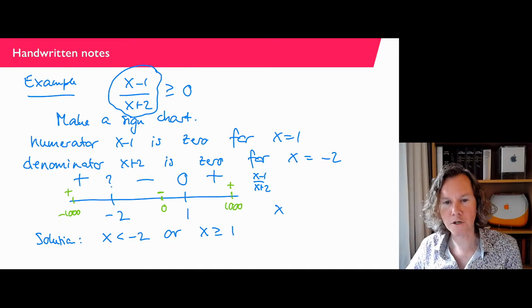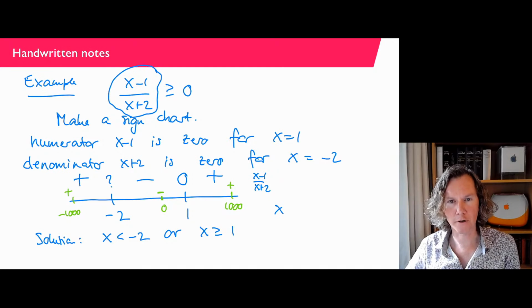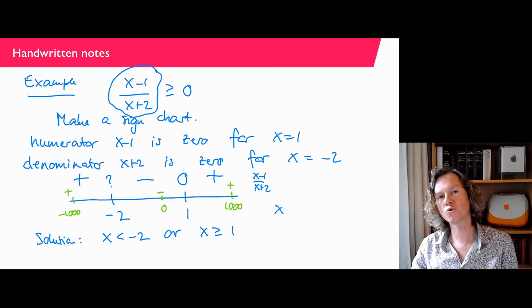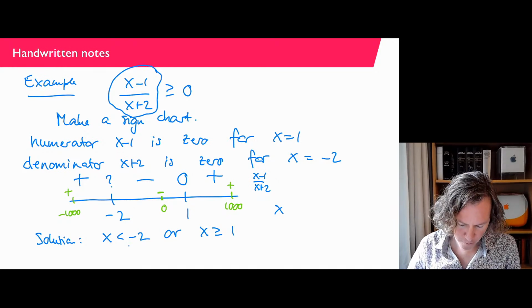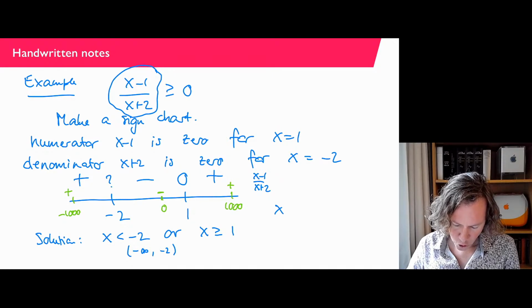Because for 1 it equals 0, so 1 is included, that's fine. So if I want to write it in terms of intervals, I have minus infinity, comma, minus 2, open, union, 1 to infinity.